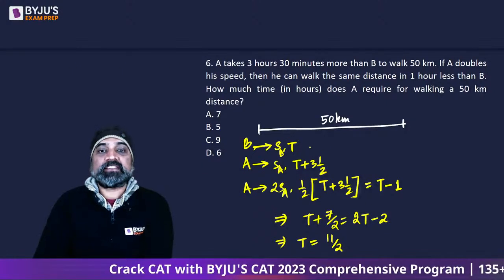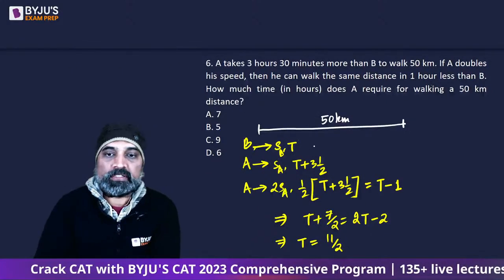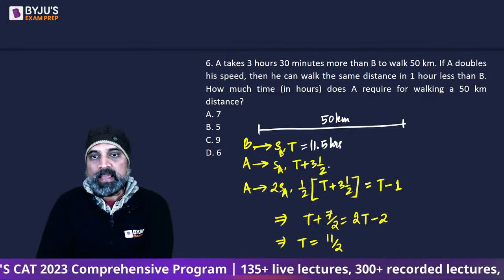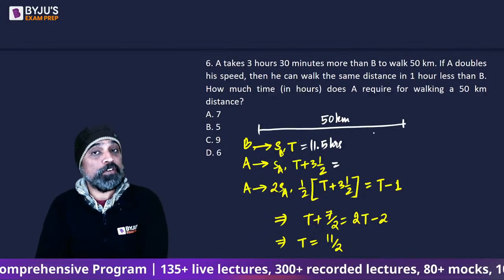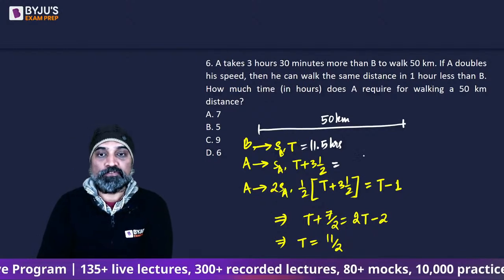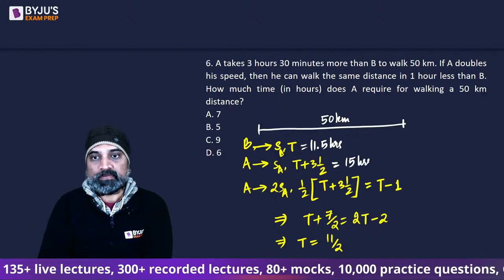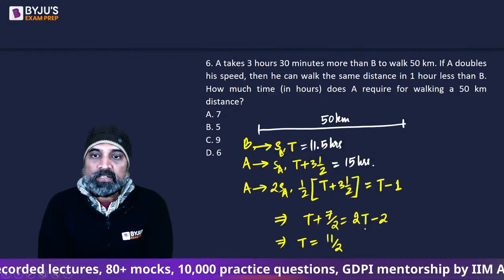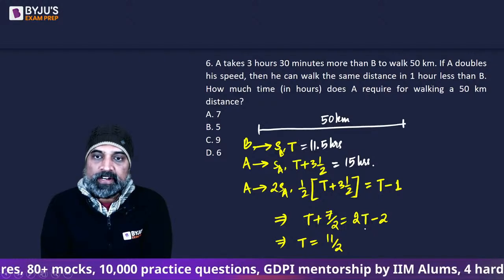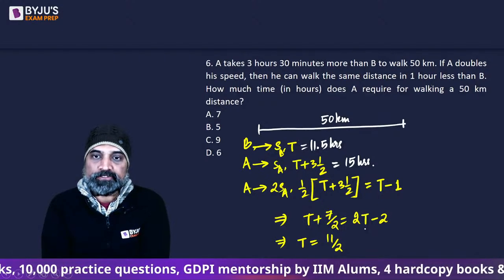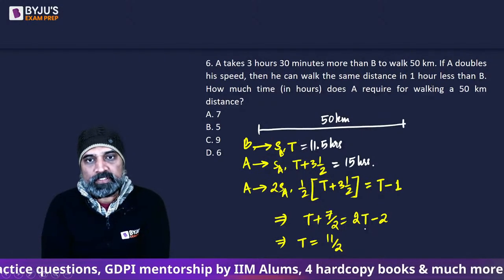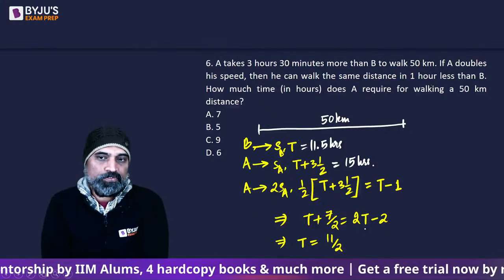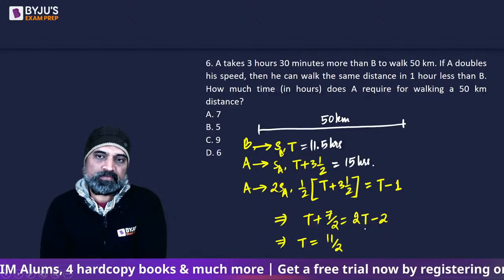So that means B was taking 11.5 hours and A was taking 3.5 hours more, which is going to be 15 hours, right? 11.5 and 3.5, 15 hours.